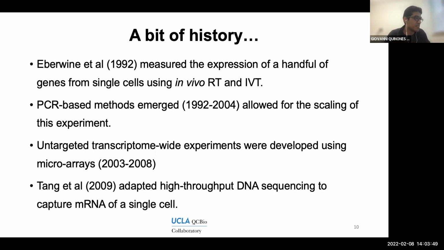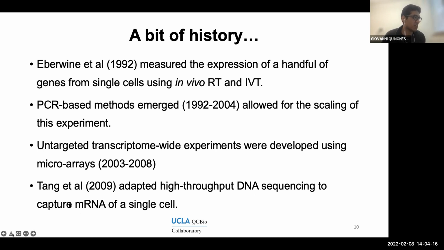And what happened after 2008 is that in 2009, this group, Tang et al., adapted a method that was present. This method was high throughput DNA sequencing. High throughput DNA sequencing uses very advanced sequencing technology, but at that time it was used only for amplifying genomes, amplifying DNA.